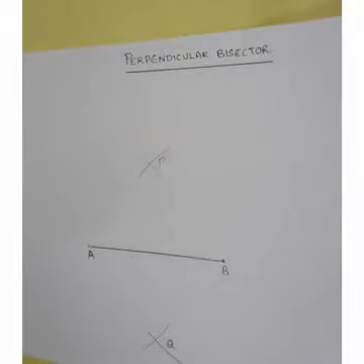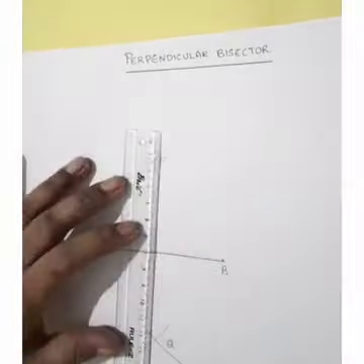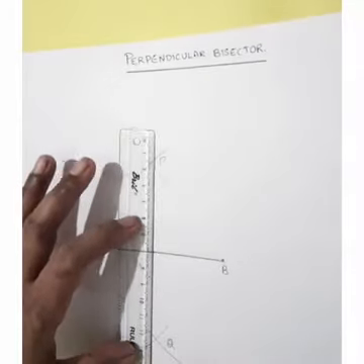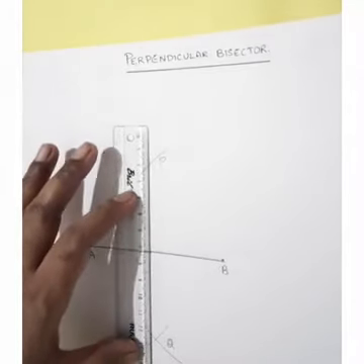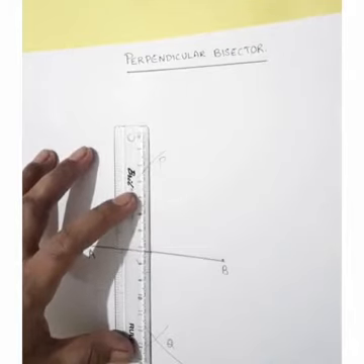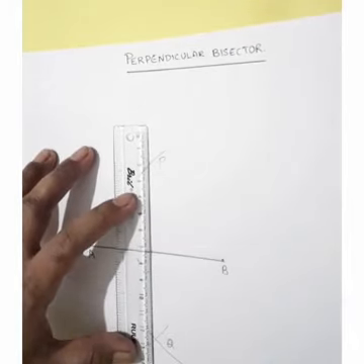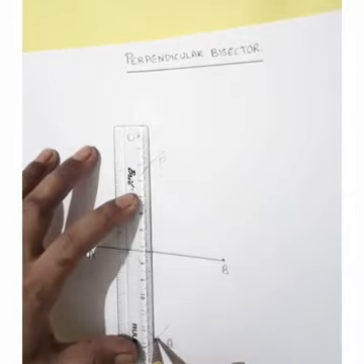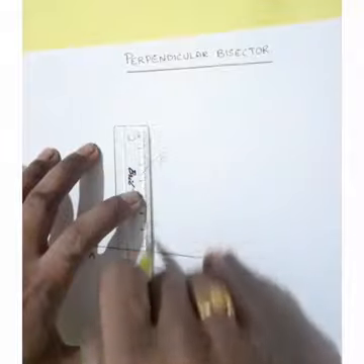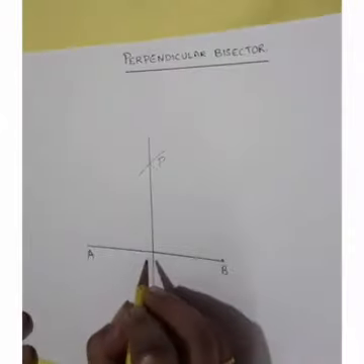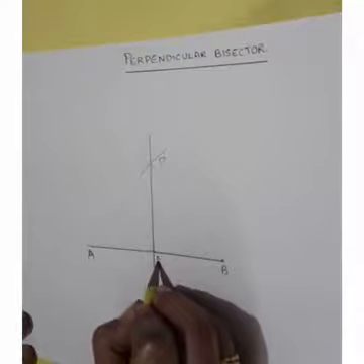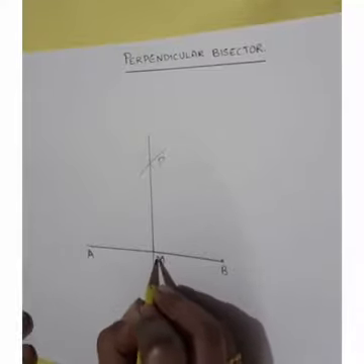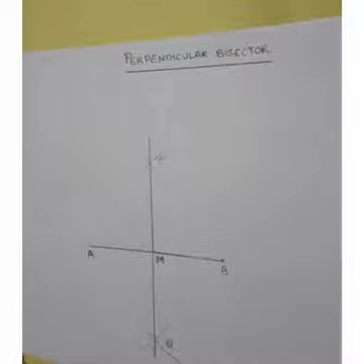And join PQ. And this PQ meets AB at the point M. Then PQ is the perpendicular bisector of line segment AB.